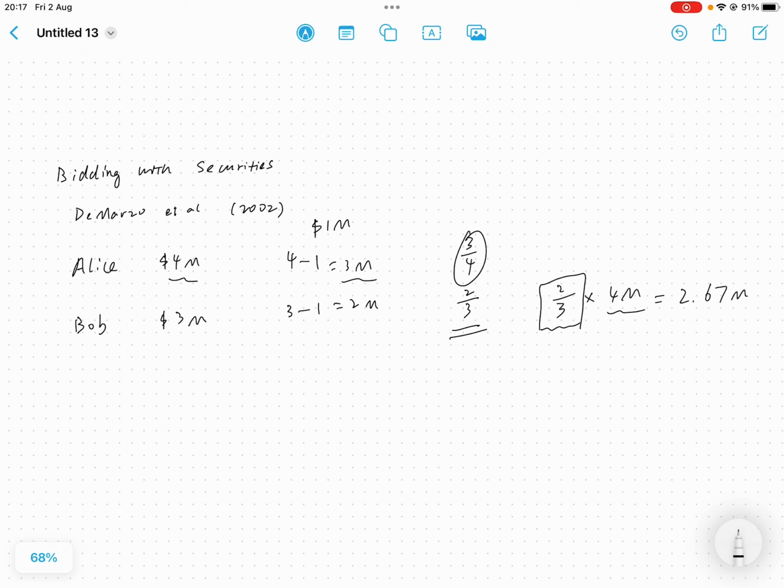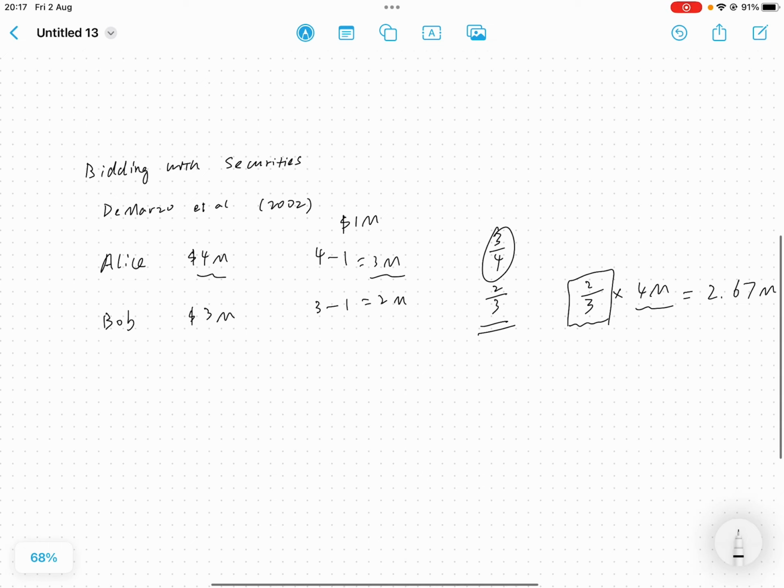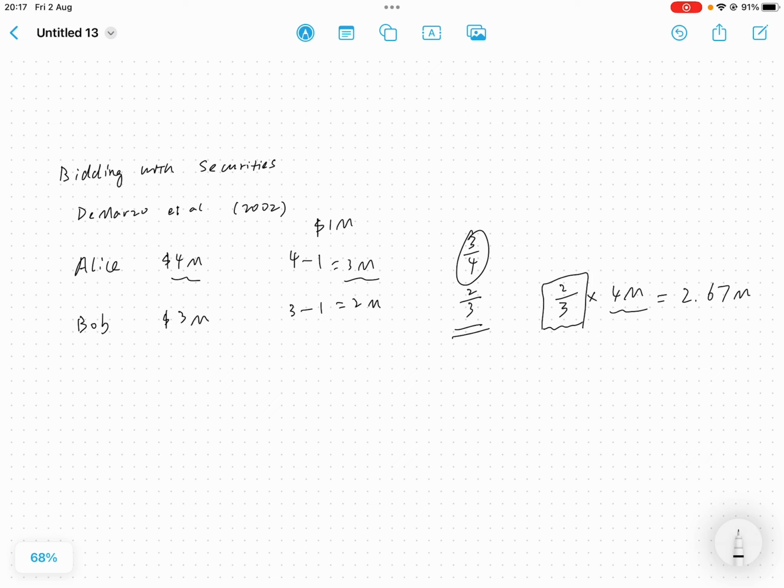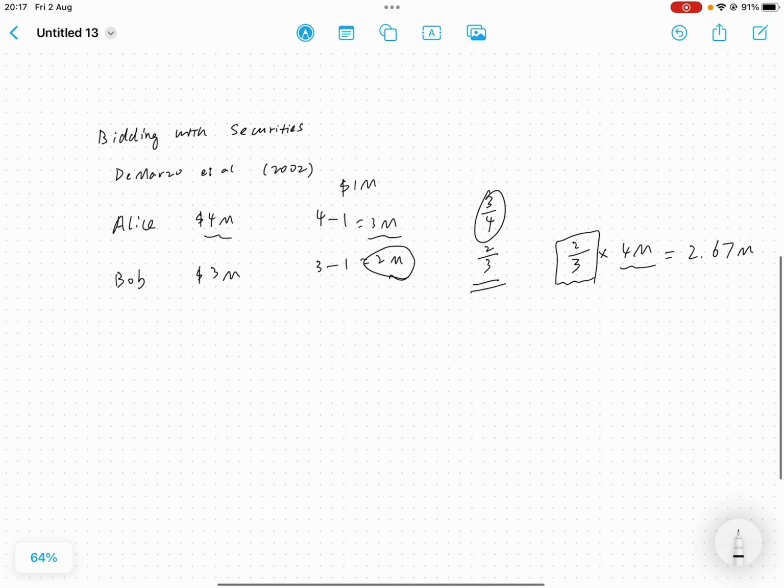But if they use cash, obviously what the seller can get is only this number, 2 million, because Alice is paying only using cash, so it's just 2 here. There's nothing else.